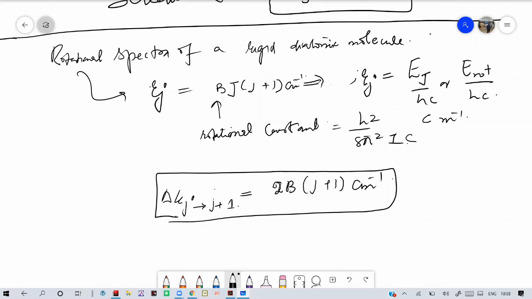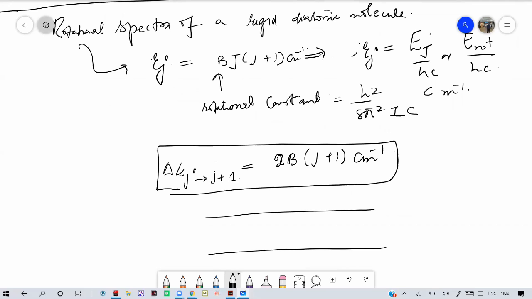So when you observe the molecular spectra, if this is the first line, it is J equal to 0. This is J equal to 1, and you will find that this is at 2B. So this gap is 2B. Then the next is at 4B, so again the gap is 2B.